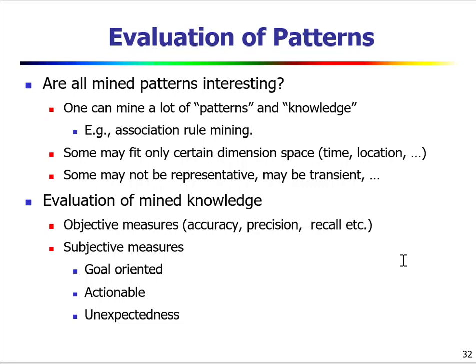It may be transient, it may be accidental. So we definitely need a way to evaluate all those patterns, whether it's an association rule or a classification result. In terms of classification, it's the model that we would evaluate, whether this model performs consistently well among different but similar scenarios.